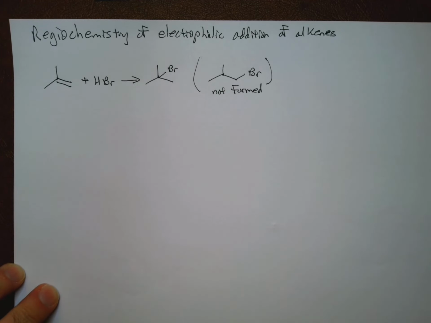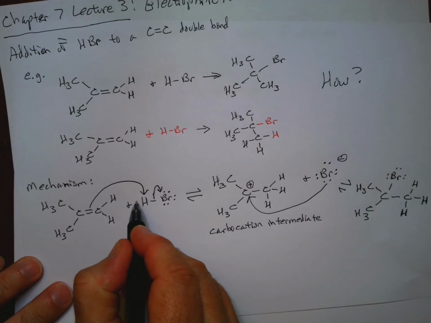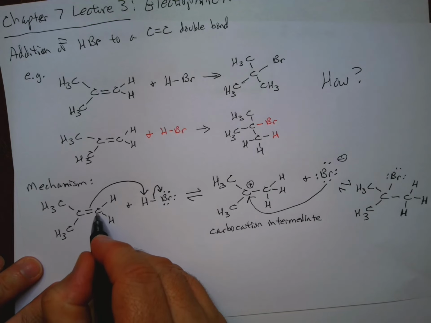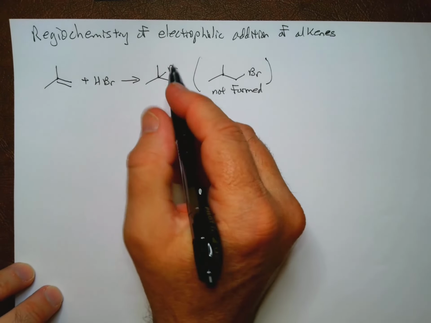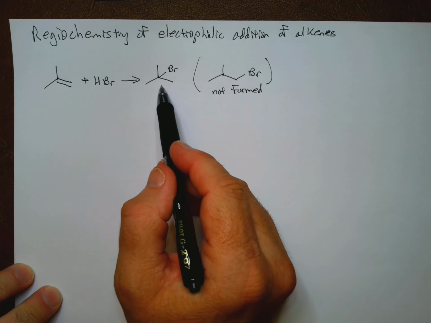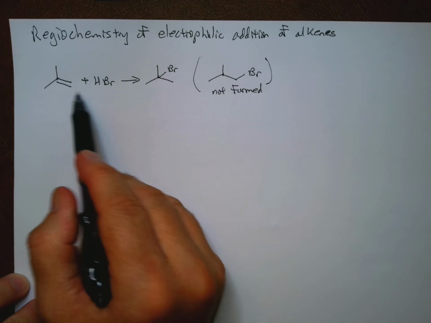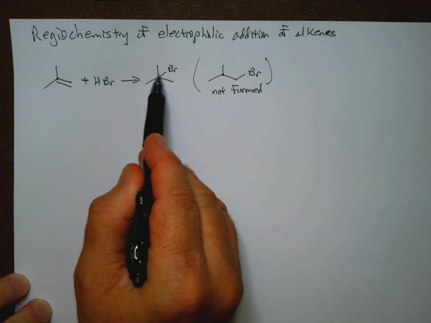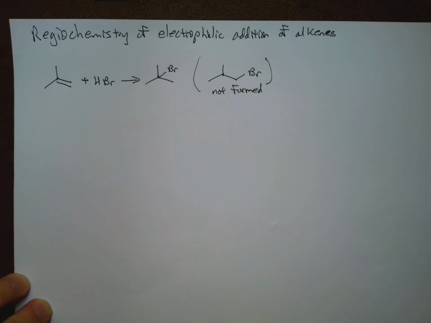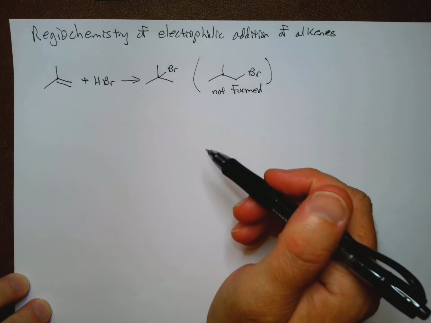We drew our curved arrow here, and I said you have to determine which carbon gets the hydrogen. It turns out that there are some rules for this, and we see that in the addition of HBr to 2-methylpropene, we only get the t-butyl bromide, the 2-bromo-2-methylpropane. We don't get the 1-bromo-2-methylpropane.